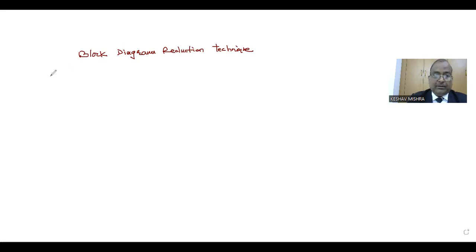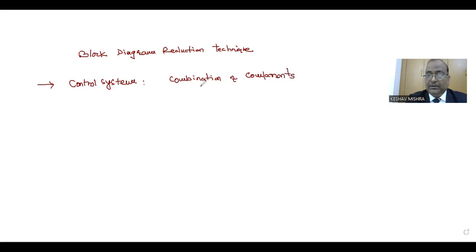We have already described the control system as basically a combination of various components or various stages. These components are connected together to perform some operation when we apply the input signal.